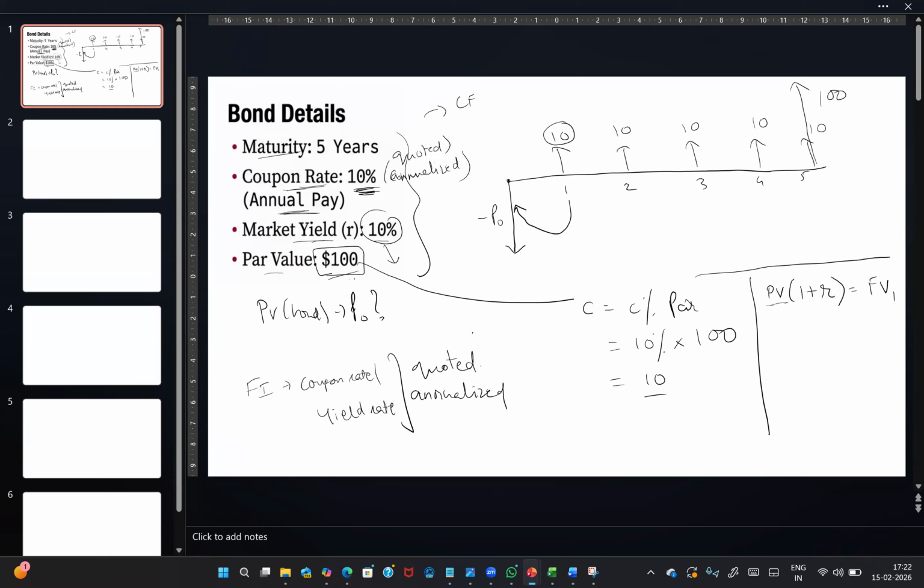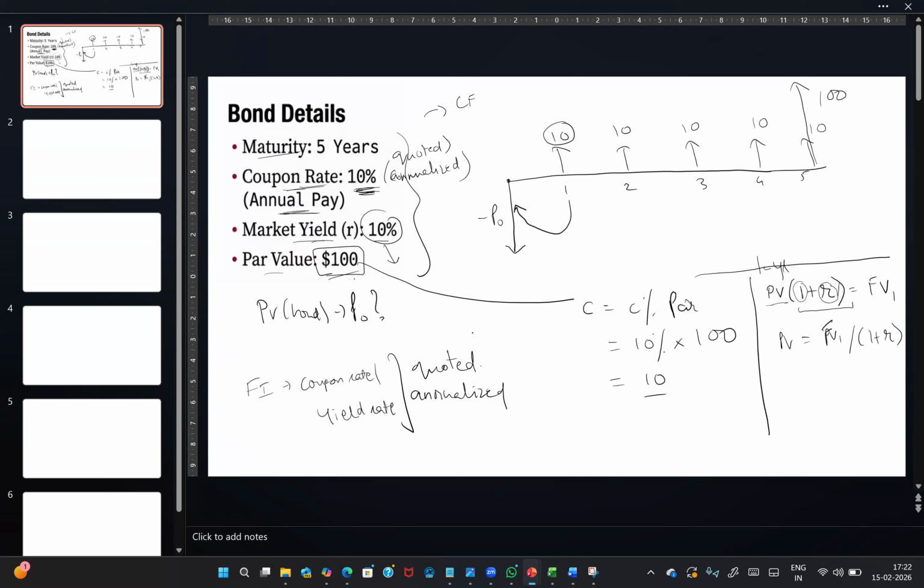So whatever you invest today, you invest for 1 year. So you get back the principal, and you also earn the interest, which is R percentage over that present value. So PV times (1 plus R) will give you FV1. So PV is nothing but FV1 divided by (1 plus R). So this is from a 1 year perspective.